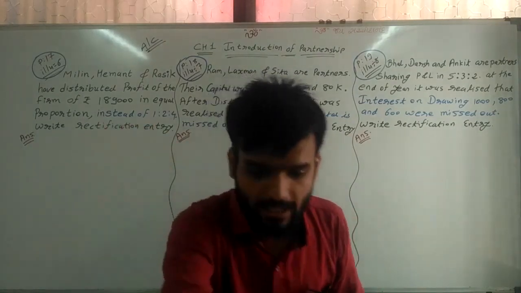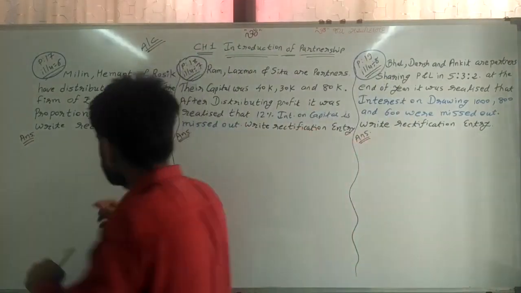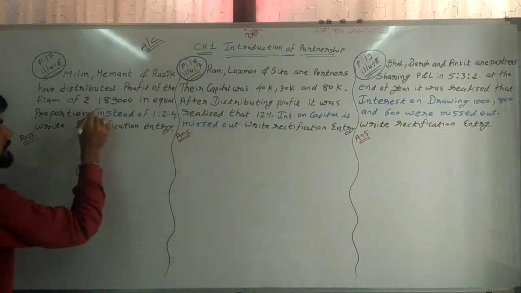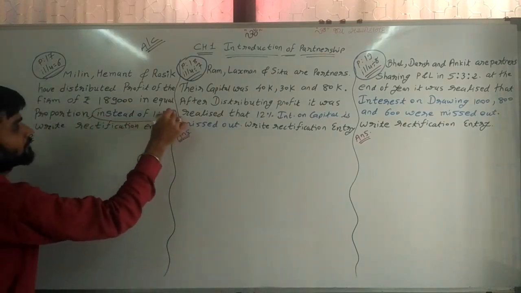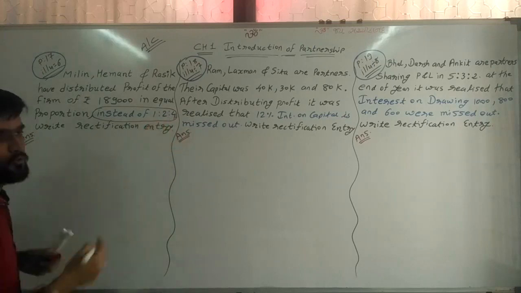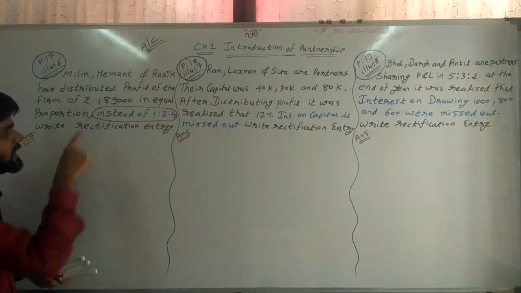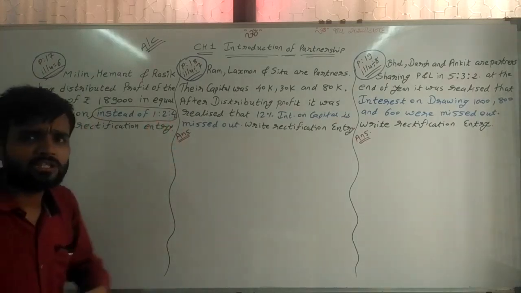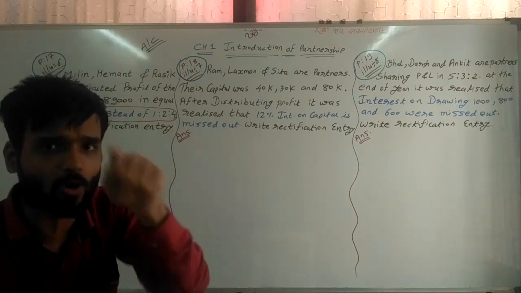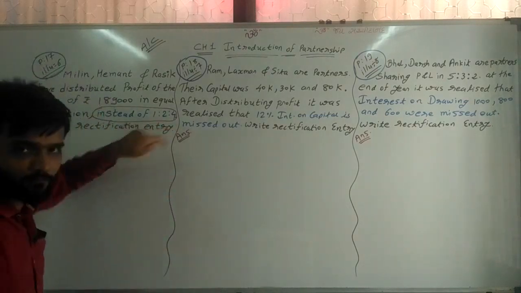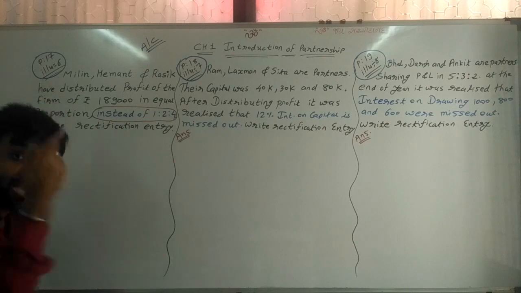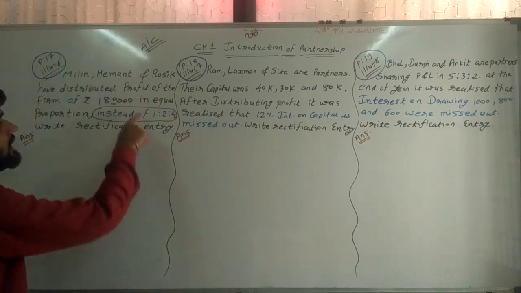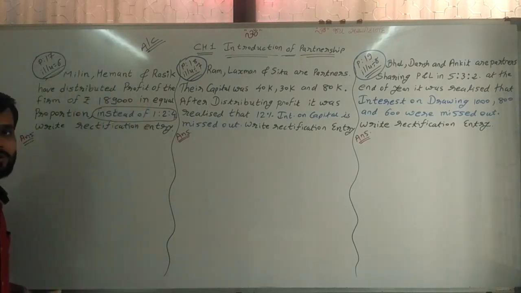They have already distributed. Now, the most important thing is what? Instead of 1, 2, 4, what does it mean? Actually, they have to distribute their profit in the ratio of 1, 2 and 4, but they have already distributed in equal proportion.